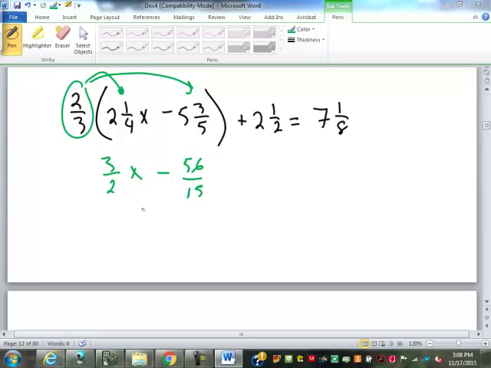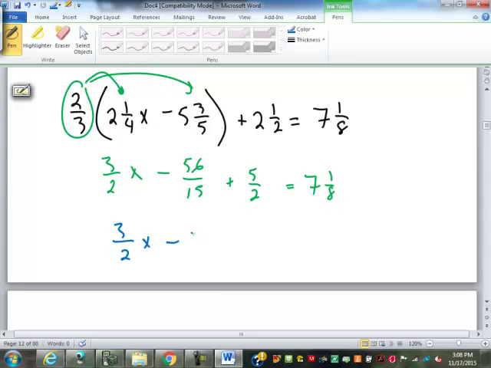So then this is 2.5. I'm just going to change that to 5 over 2 while I'm at it. Actually, probably not. I'll leave it. Actually, what I'll probably end up doing is this.